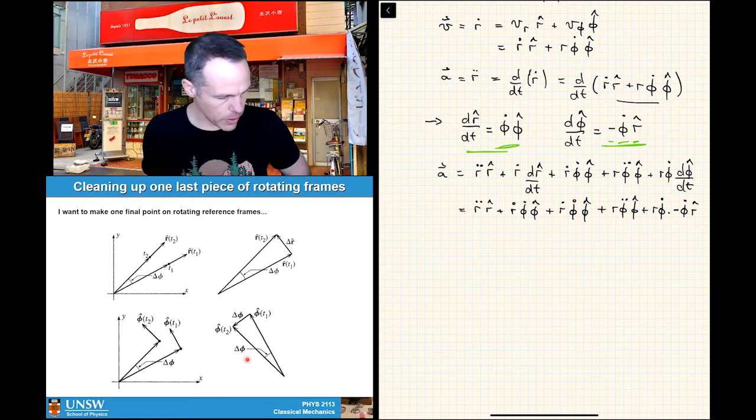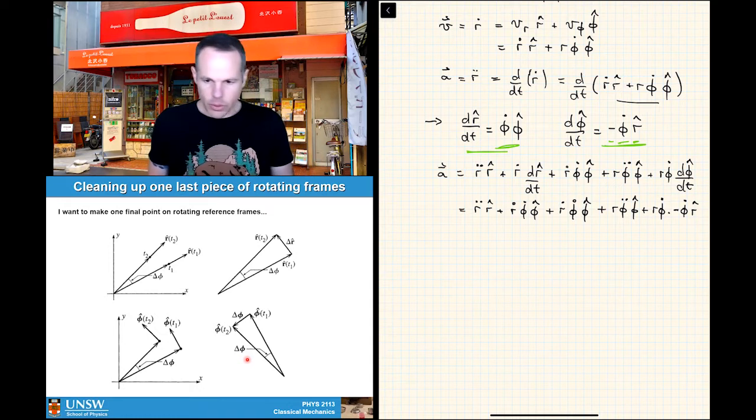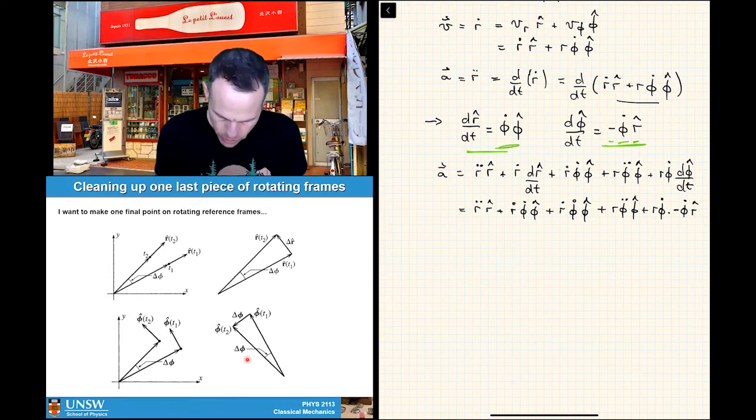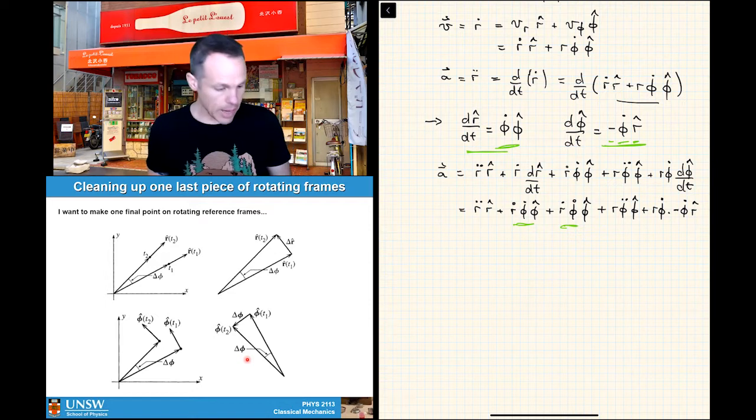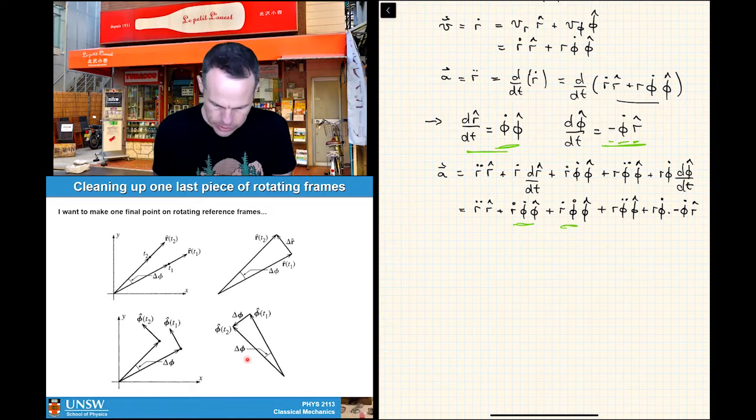We can now go through and cluster the terms. And you'll notice 2 of these terms in here are common, right? This one and this one are the same, so they will just add together. So what we can do is cluster the r hat terms first. And so the r hat terms will be this one here and this one on the end.